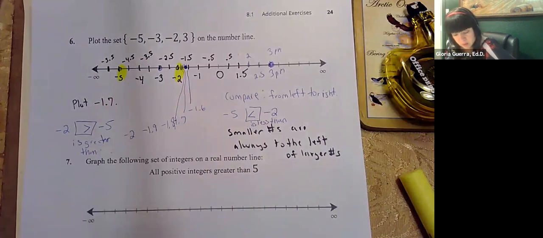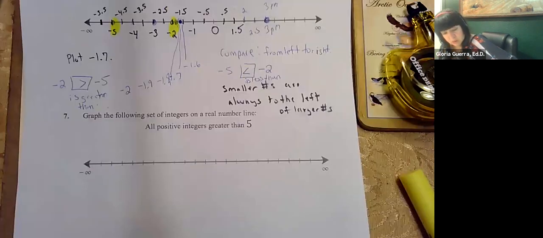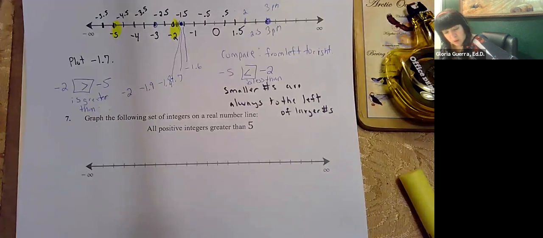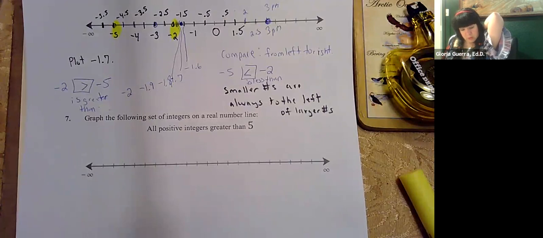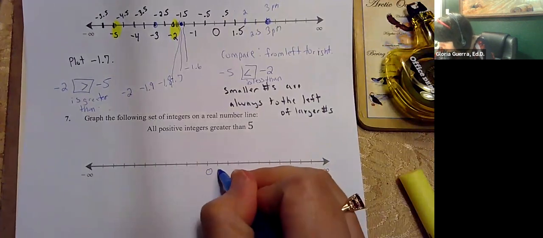Okay. Now on number 7, they want you to graph the following set of integers on a real number line, all positive integers greater than 5. Okay, so I'm going to go ahead and draw a little number line. I'll just start 0 here.